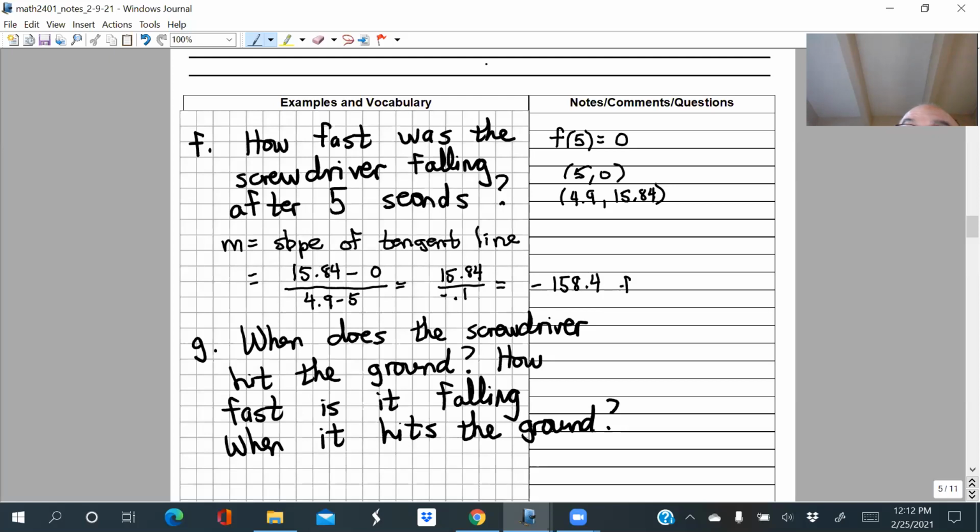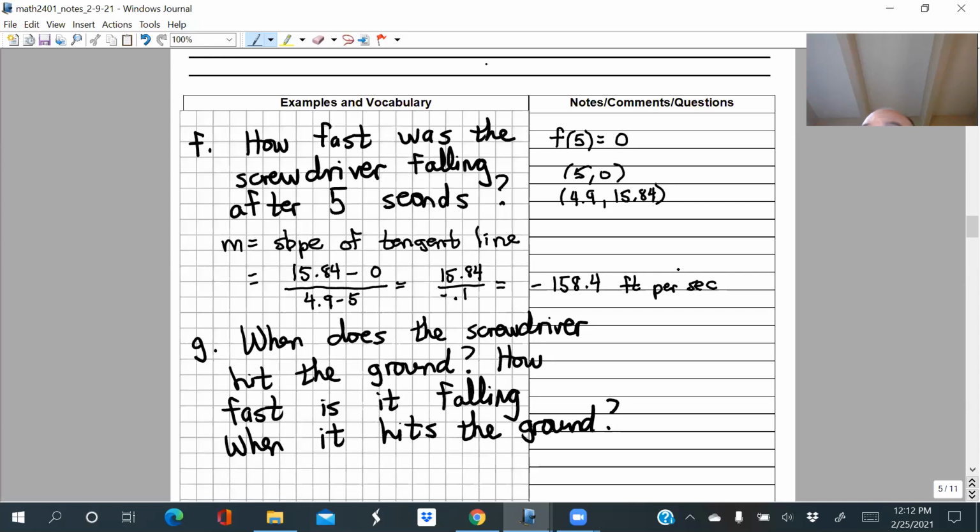So it was falling, obviously, when it hits the ground, and it's falling at a rate of 158.4 feet per second. All right, because our height was measured in feet and our time is measured in seconds. 158.4 feet per second. Wow, that is pretty fast.